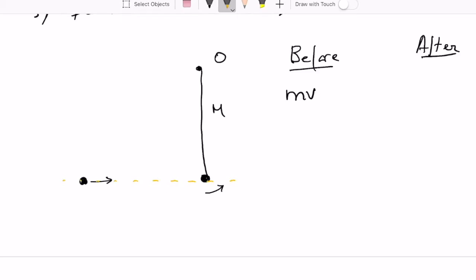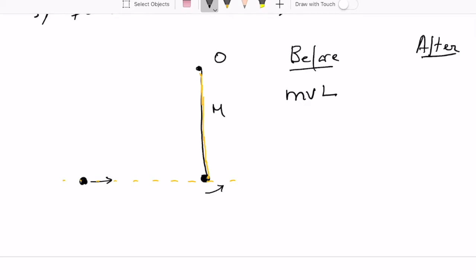So you draw a line through the momentum vector, make a perpendicular from the reference point to that line, and the length of that perpendicular is the lever arm, or r perpendicular. Clearly, that's just going to be equal to L. So the angular momentum of the point mass before the collision is just going to be mv multiplied by L.